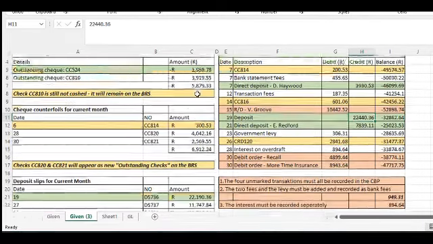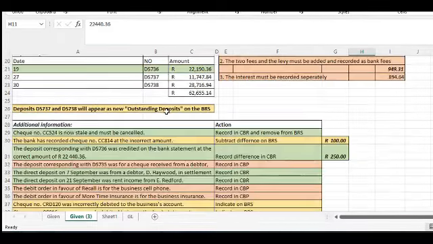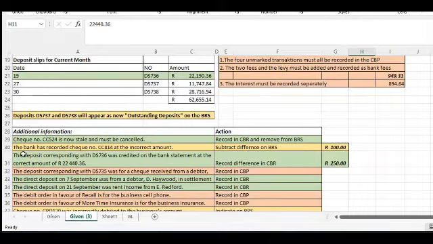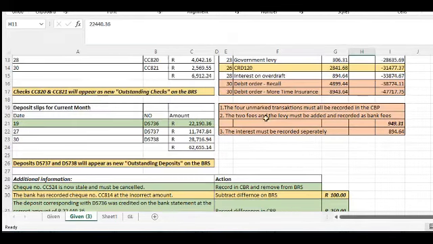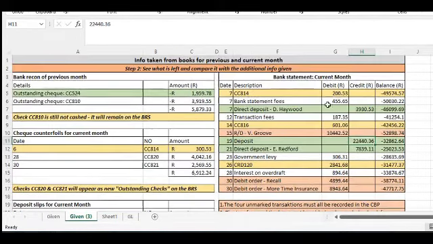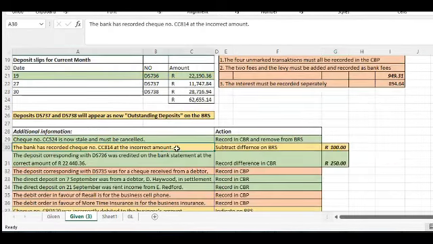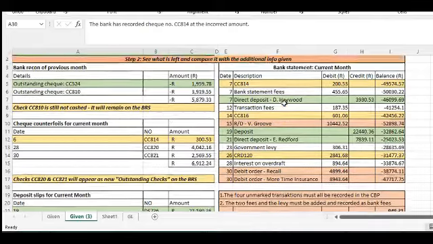Okay. The next thing that we are told is that the bank has recorded check 814 at the incorrect amount. Okay, so what did they say? They said that the check was for 200, but they are incorrect. How do we know it? Because we were just told that it's the bank that made the mistake.